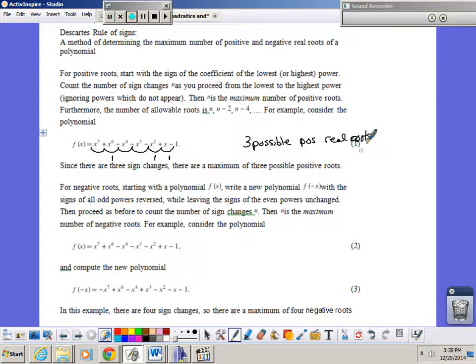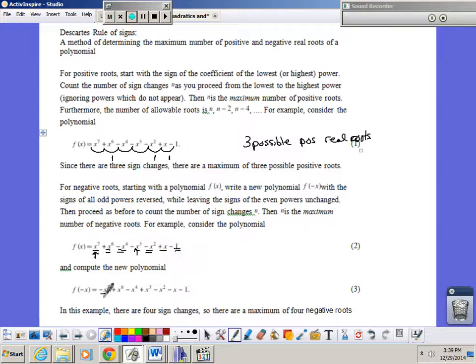Another thing just to show us how to figure out how many roots we could possibly have. Then what you do for the negative roots is you put in negative x. So every time I put in a negative x, all my odd exponents will turn opposite sign. So I had positive 7x, now it's negative 7x. The evens will stay the same. Stays the same, stays the same. Look, changes, same, same, changes, same, changes, nothing.